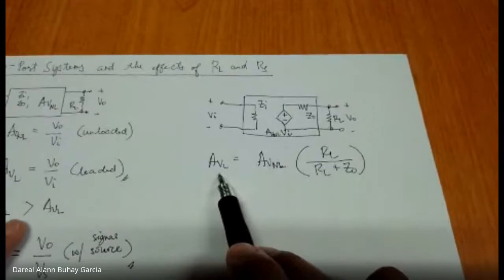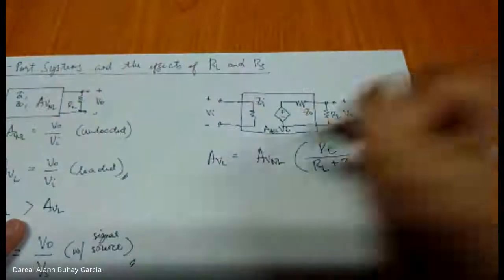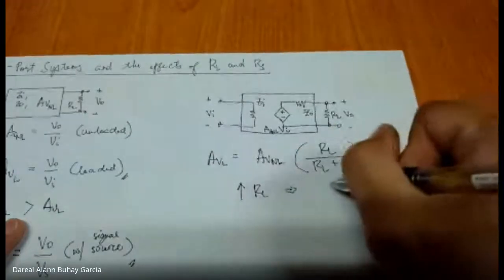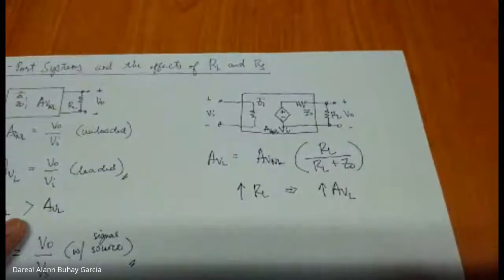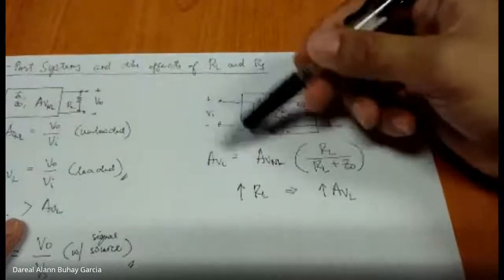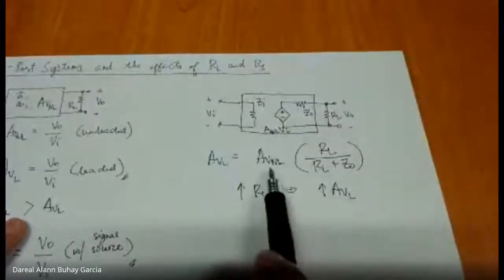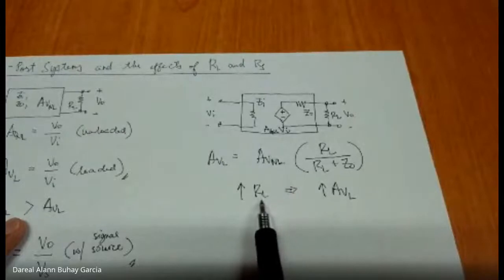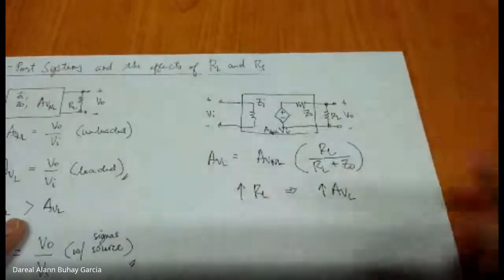So the larger the value of RL, the larger the loaded voltage gain, as compared to when the value of RL is small. As RL increases, the loaded voltage gain improves.